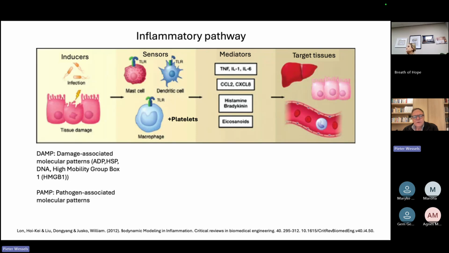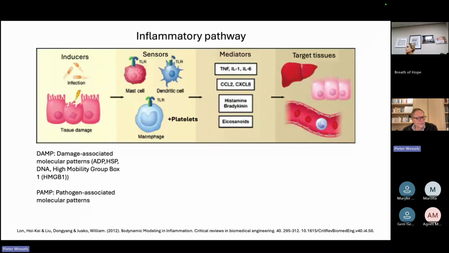The DAMPs are all the damage-associated molecular patterns, and they've got names, like HMGB1, high mobility group box 1, for example. It's all nonsense words. But we know about DNA, we know about ADP, we know about ATP. When a cell gets damaged, all those proteins are released, and they are really messengers to our innate immune system.